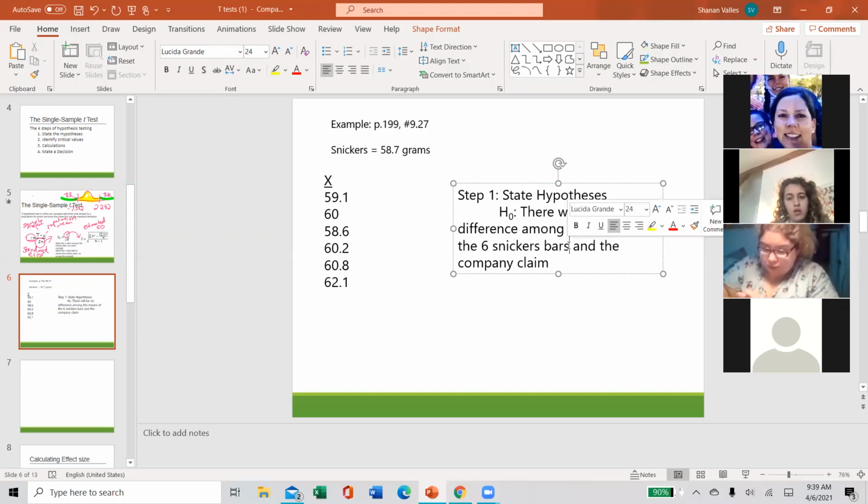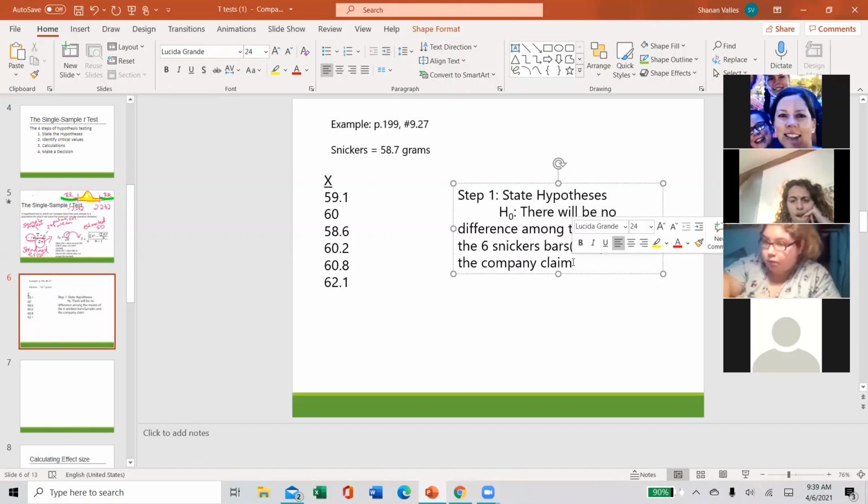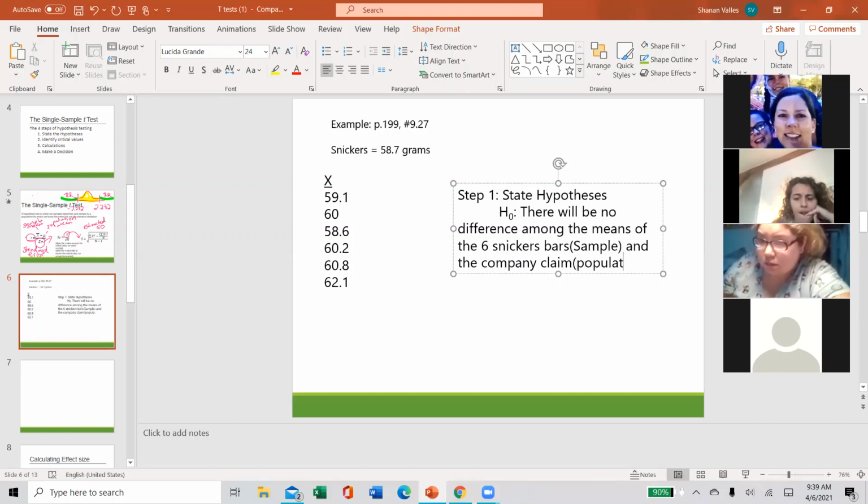This one here, right, those 6 Snickers bars is the sample, right? And this company claim is the population mean. That's kind of a weird way to think about it, okay? But that's just what we would use as the population.